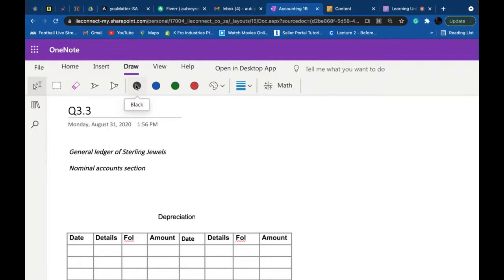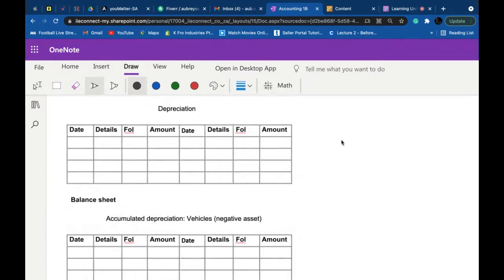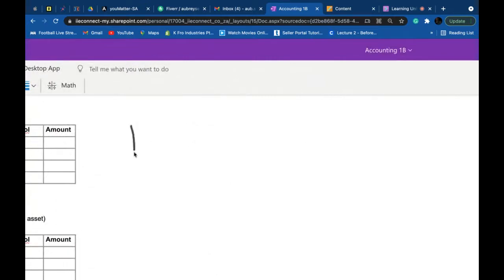Okay, right. So let's draw a timeline now. When did we buy this? It was 31 May. May is 5, and that is 8.